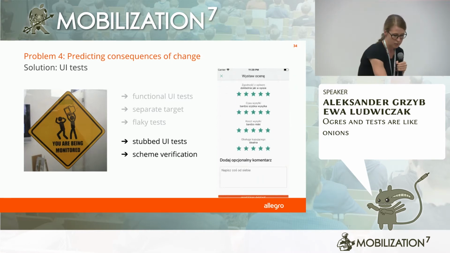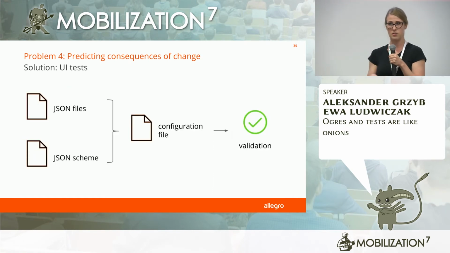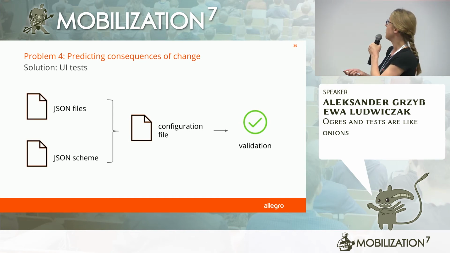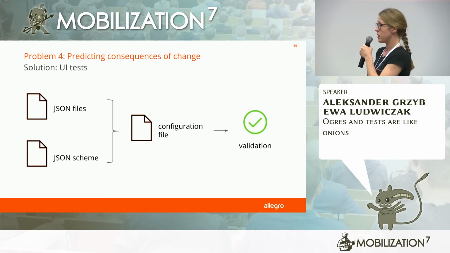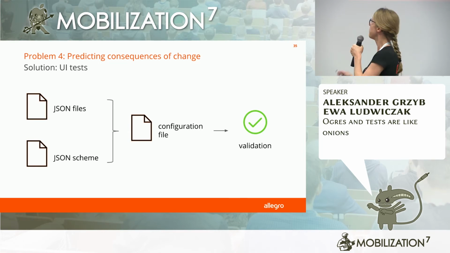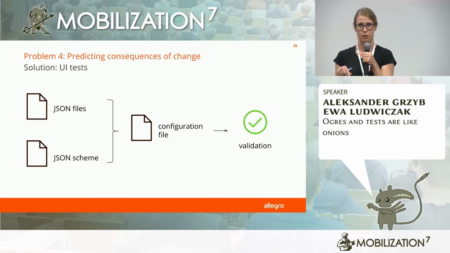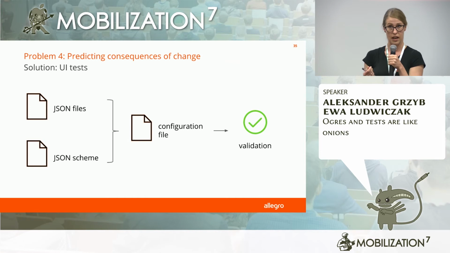We knew that this kind of approach brings risk of using an outdated API, because if we are only using the stubbed requests that are saved in our repository, we didn't know if something has changed within the actual API. That's why we introduced schema verification. So we have the JSON file that includes the response. Based on that information, we created a JSON schema. The schema contains information about the structure, variables presence, and their types.